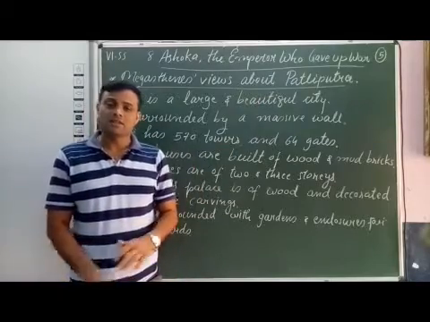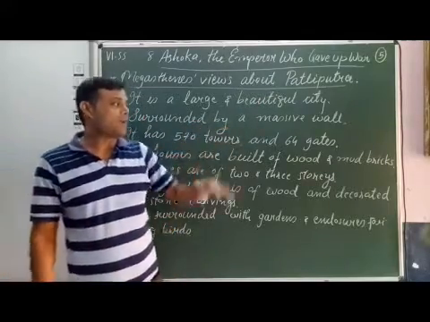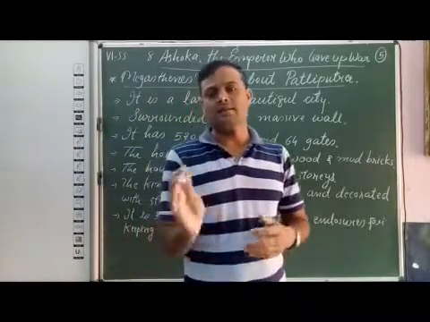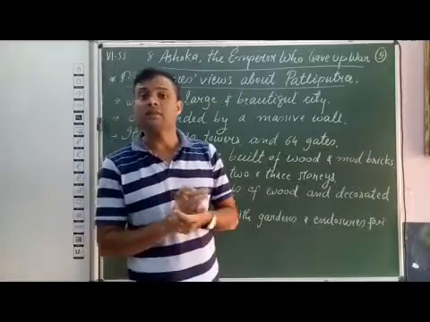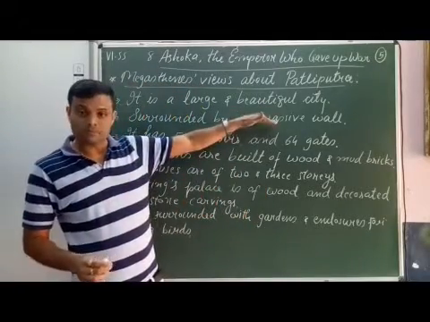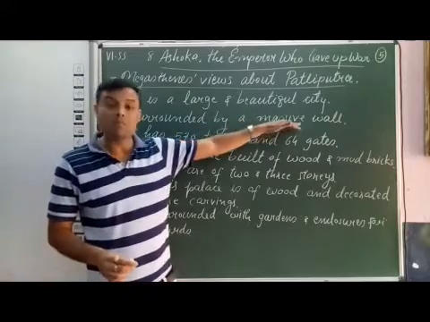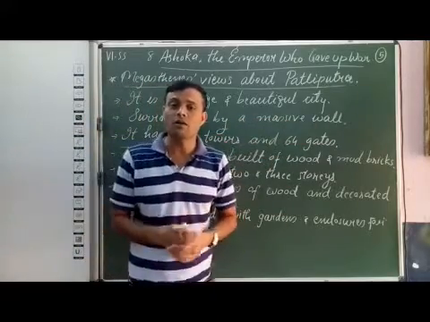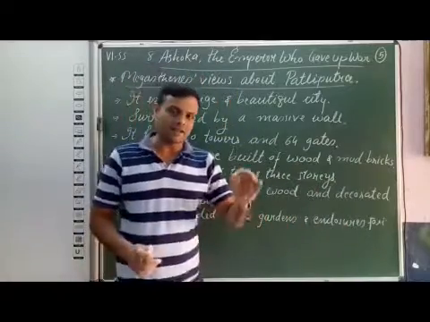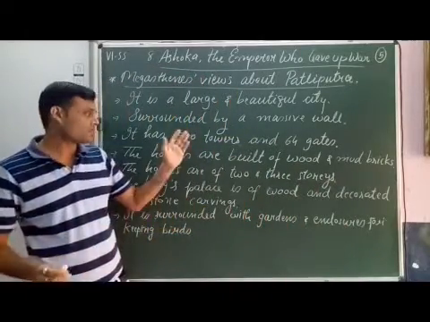Further he described that it is surrounded by a massive wall, a huge wall that encircles the city, for the protection of the city, as it is a capital city.